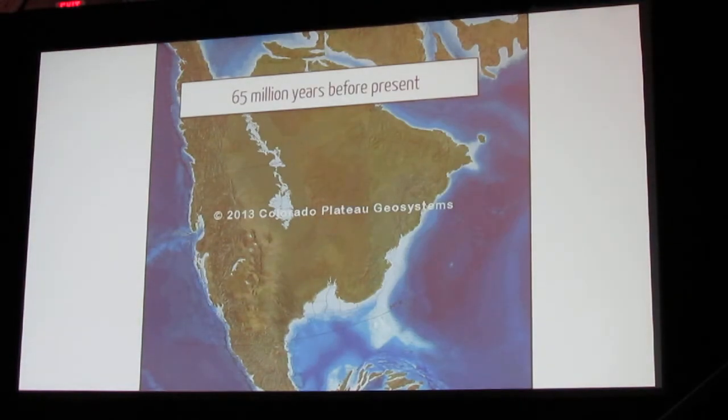Here's a paleo map of North America as an example, 65 million years ago. There are a few things on this map I'd like you to notice. The first is that a formerly very extensive western interior seaway is now starting to dry back. It's starting to disappear to the north. I'd also like you to notice that the southeastern U.S. coastline is very different than it looks today.